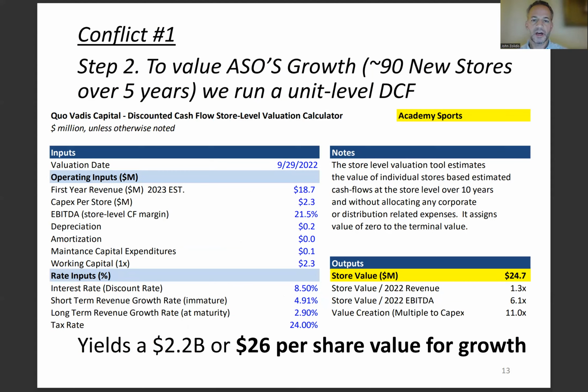And we calculated each store's individual cash flow over that period, and then discounted back the value of the cash flows of this to-be-deployed capital. In this scenario, we estimate that the value of those future stores is about $2.2 billion or $26 per share.